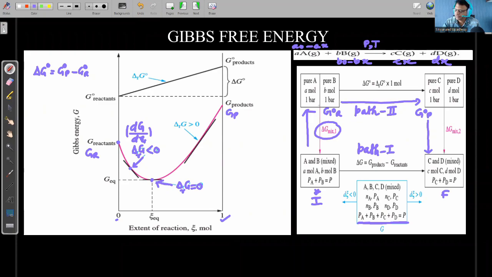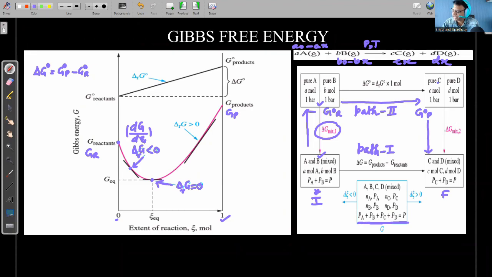When we are moving from here to here, we already know the value of delta G naught reaction. It represents G naught of product minus G naught of reactant. So this is delta G naught. And this is again mixing. Pure C and pure D at constant temperature will mix to form CD mixture.